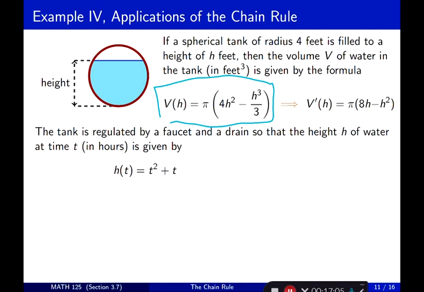So the tank is regulated by a faucet and a drain, so that the height h of water at time t in hours is given by h(t) equals t squared plus t. Okay, so if I know h(t) is equal to t squared plus t, now I can find the formula for h'(t). h'(t) is going to be 2t plus 1.